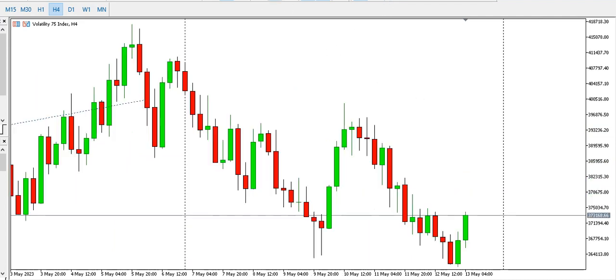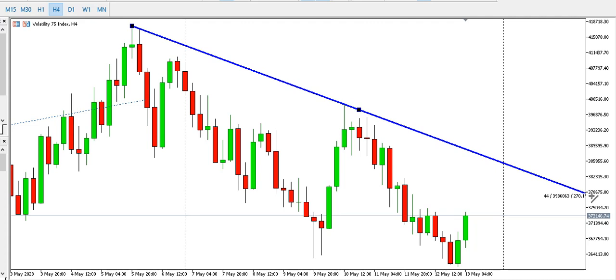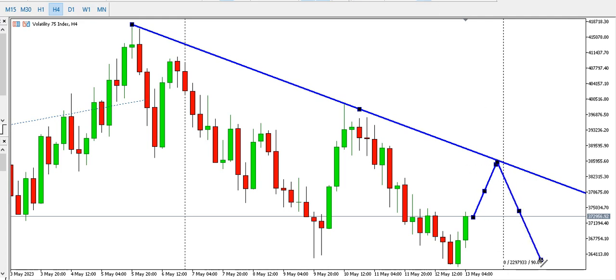On the 4-hour time frame, in as much as this descending trend line holds, if price gets to this point and descends, then we can see the bearish trend is still going to continue.